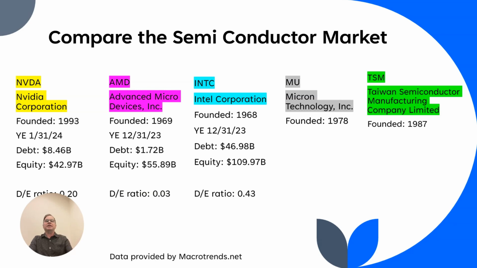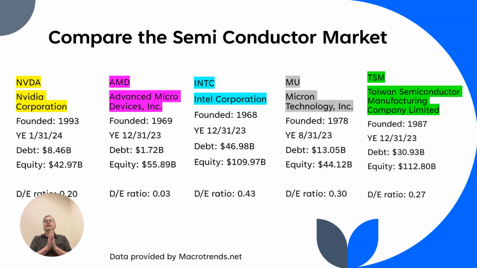Double what NVIDIA's is and significantly higher than AMD, but still a very solid entity as far as not having a ton of debt compared to the equity that they have. Micron, 13 billion in debt, 44 billion in equity, or a 0.30. So it's actually closer to Intel, but between Intel and NVIDIA as far as the debt to equity ratio goes.